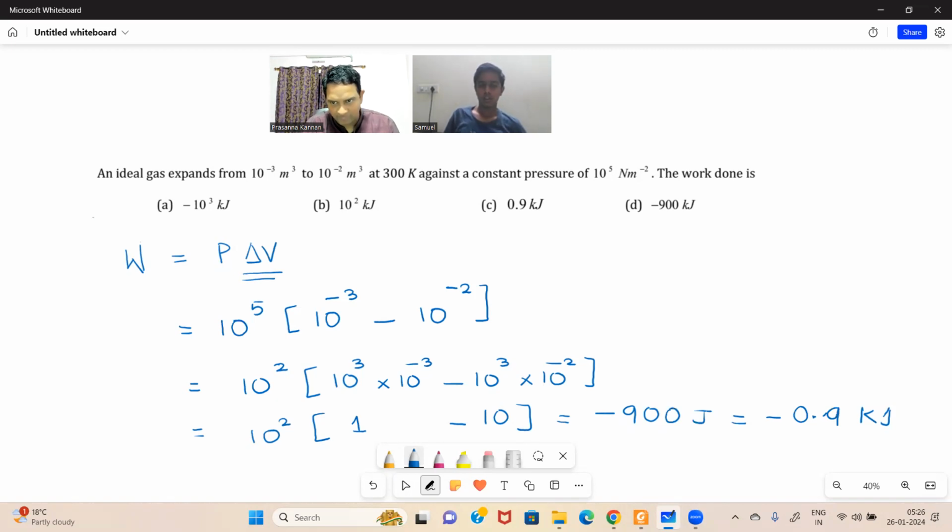In chemistry, you get a negative answer. Anyways, here you can see the usual convention of physics has been given in this option, so you will take 0.9 kilojoules. Watch out for that. Please take it down.